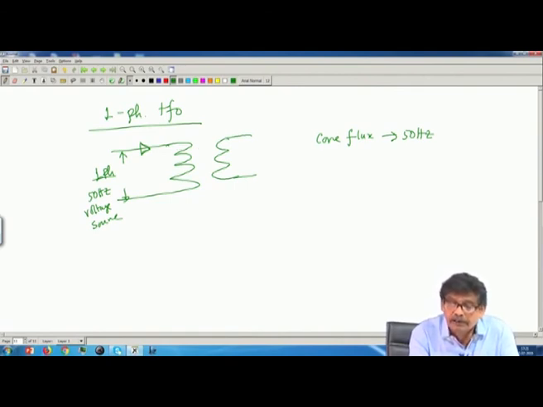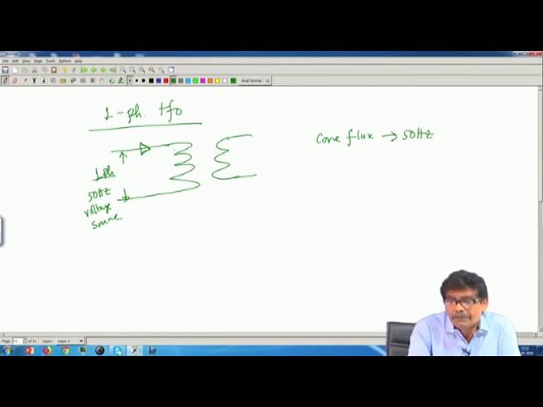So, this coil will have a fundamental voltage induced, third harmonic voltage induced, and this third harmonic voltage itself will circulate that current, because it is a closed path. Therefore, it will self correct itself and the flux will be restored to 50 hertz component alone.